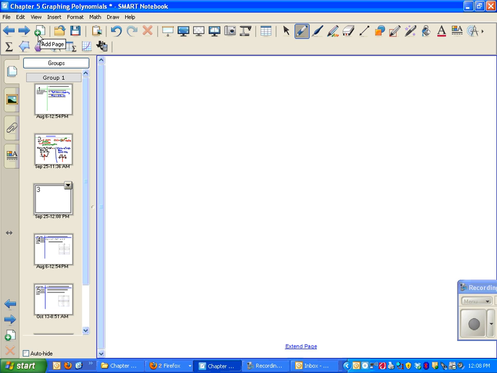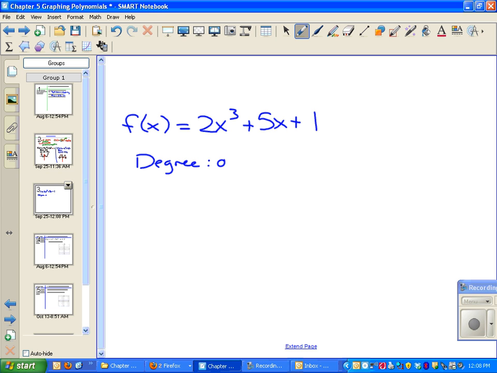So if I have an example, f of x equals 2x cubed plus 5x plus 1, my degree is odd. My leading coefficient of 2 is positive. Okay. So it's going to follow a positive slope, just like if you graphed a linear equation that starts low and ends high.